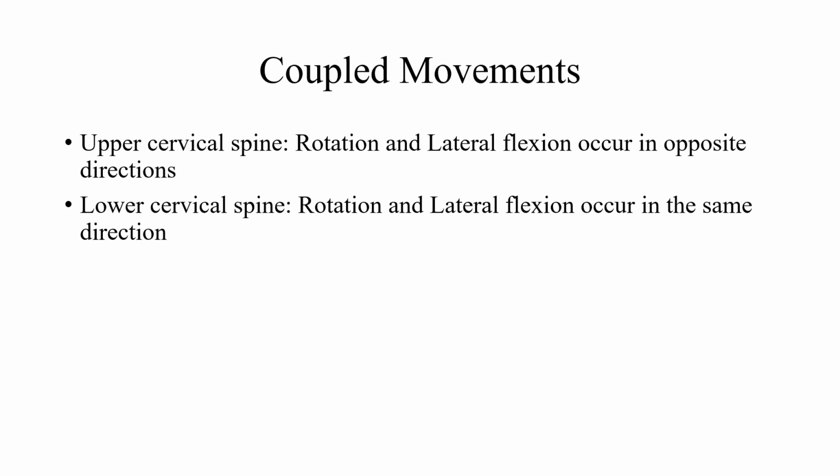So in the upper cervical spine, the rotation and lateral flexion occur in opposite directions. That means if I am intending to do right rotation, there may be associated left lateral flexion. Likewise, in the lower cervical spine, rotation and lateral flexion occur in the same direction. So if I am doing right rotation, it may be accompanied by some right lateral flexion as well.